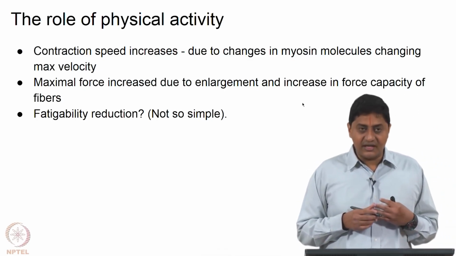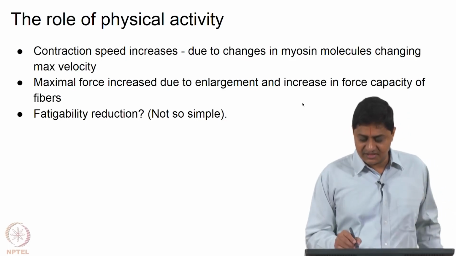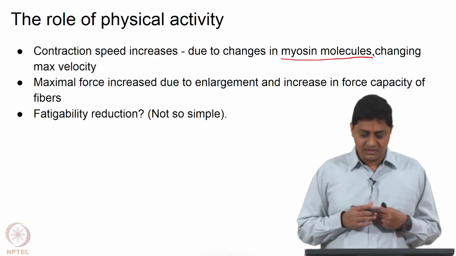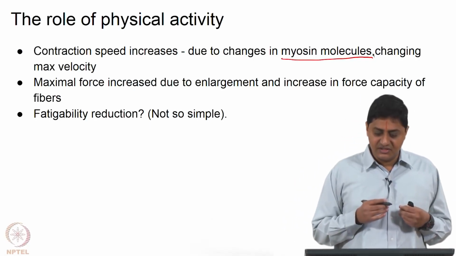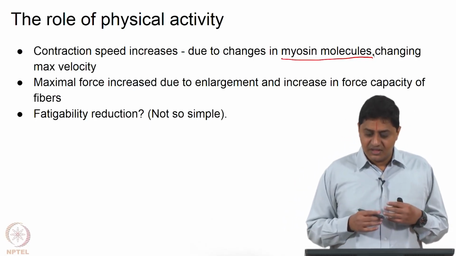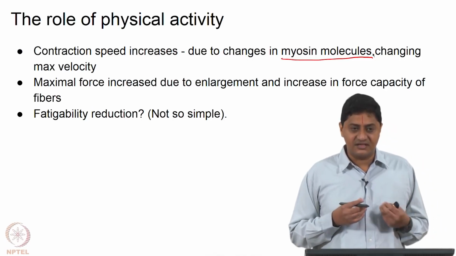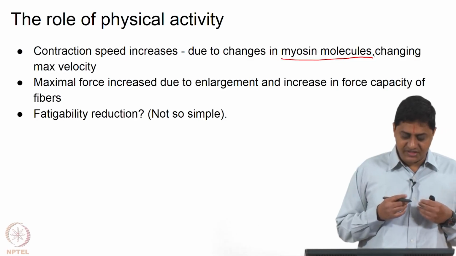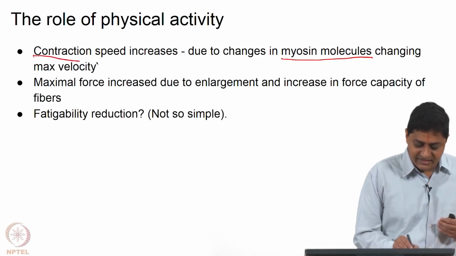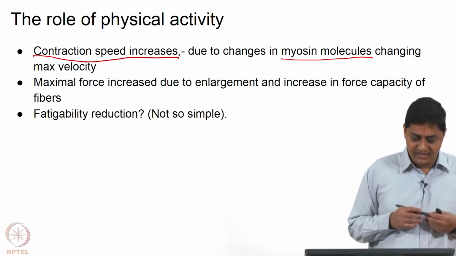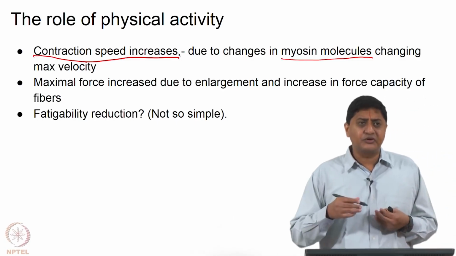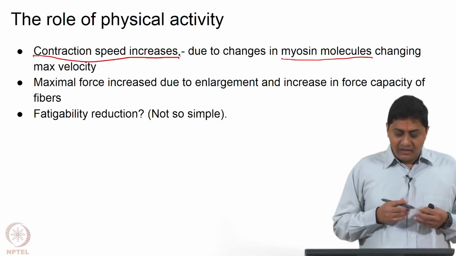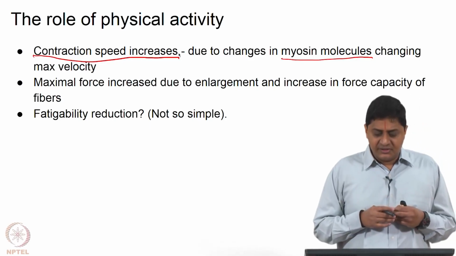This actually happens due to changes in the properties of myosin molecules, thus changing the maximum velocity. So, the myosin molecules have an enhanced response, causing a change in the maximum velocity, thus causing a desirable increase in the contraction speed. Of course, this is not going to keep on increasing forever, only up to some level. And how is maximal force increased?